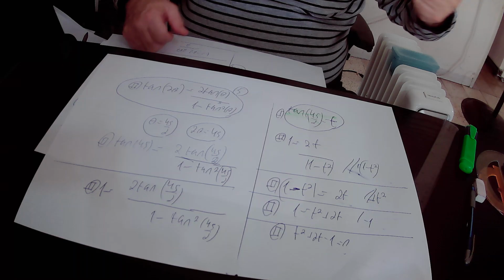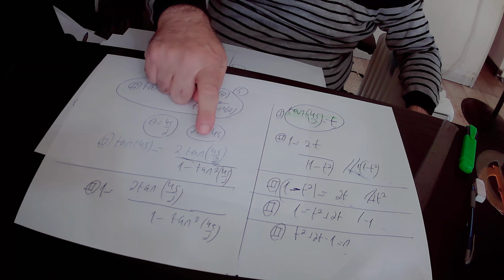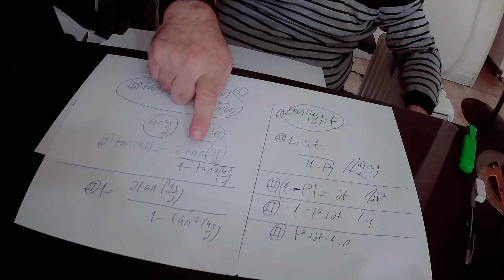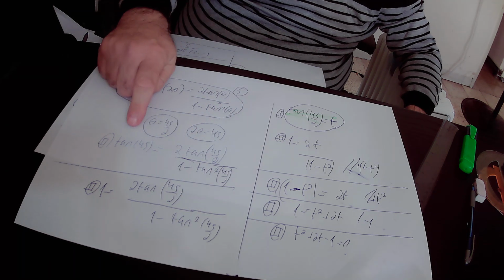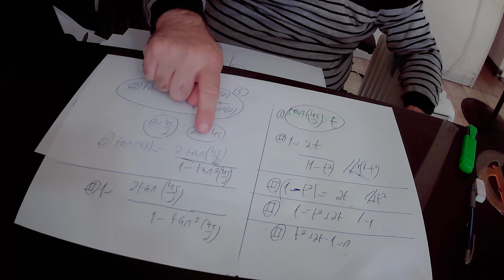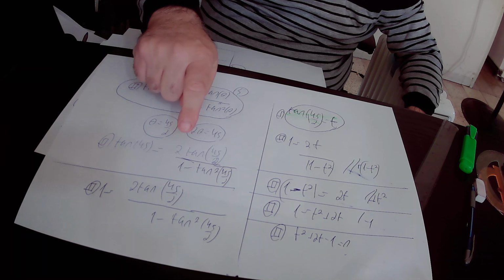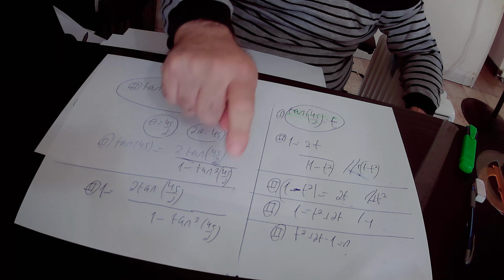So in conclusion, according to equation number 2, tangent 45 degrees equals 2 times tangent 45 over 2 degrees over 1 minus tangent squared 45 over 2 degrees. Here tangent 45 degrees is 1, and it equals 2 times tangent 45 over 2 degrees over 1 minus tangent squared 45 over 2 degrees.